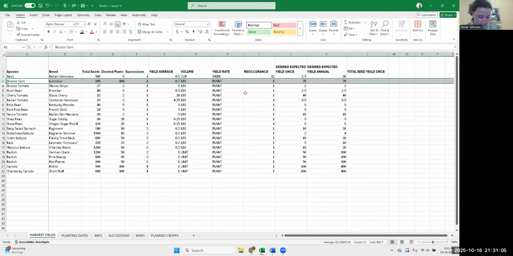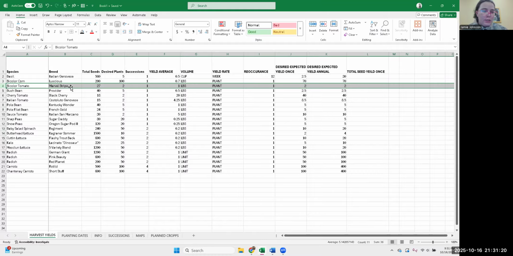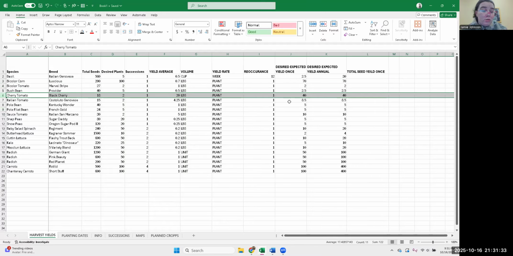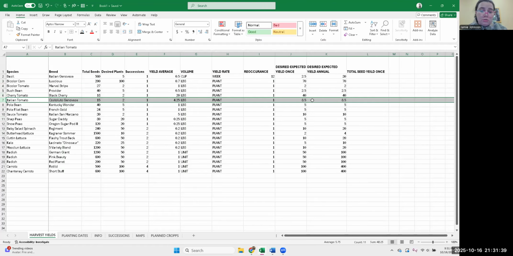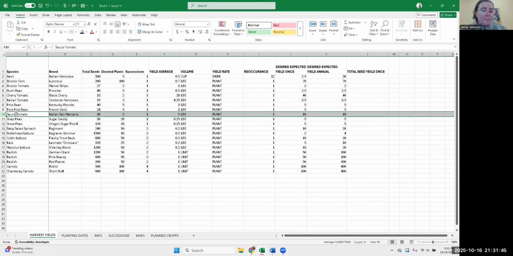So what I will end up doing with this data is looking at how much I'm making in a year and going, hey, I'm only going to get 2 pounds of the Marvel Stripe tomatoes and 40 pounds estimated of the black cherry tomatoes, the Italian tomatoes, 8.5 pounds, which is also a type of sauce tomato. The other sauce tomatoes, I'm making 10 pounds.